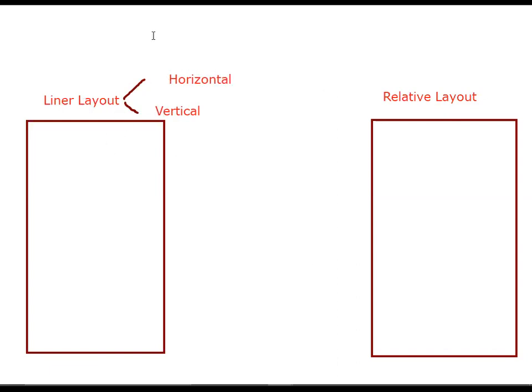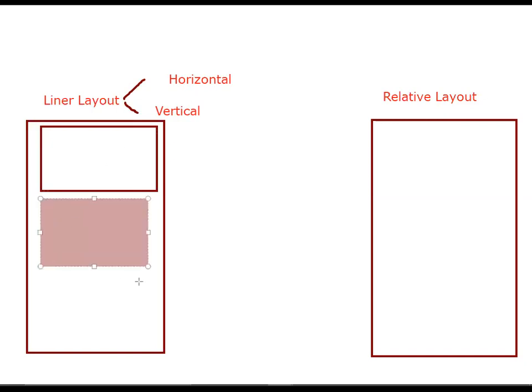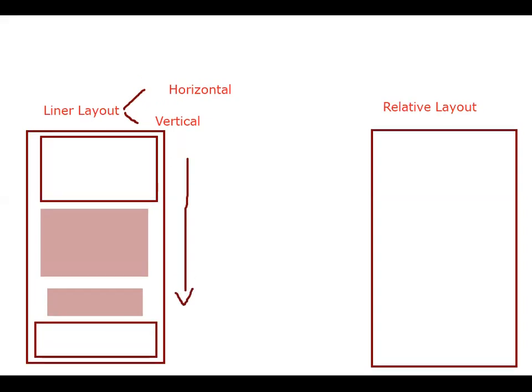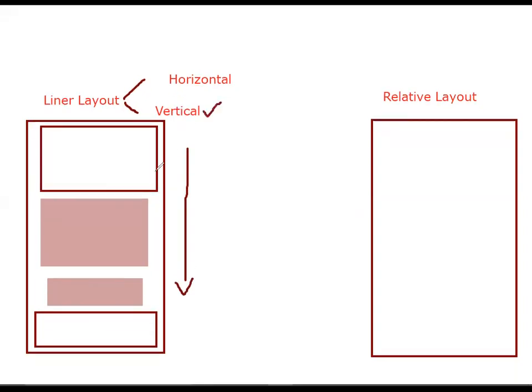If you're talking about vertical linear layout, all the children are going to be like this. Image view, then a text view, then another text view, and finally an image view. They are all subjected to be in a linear place, going top to bottom, like this. This is called vertical linear layout.